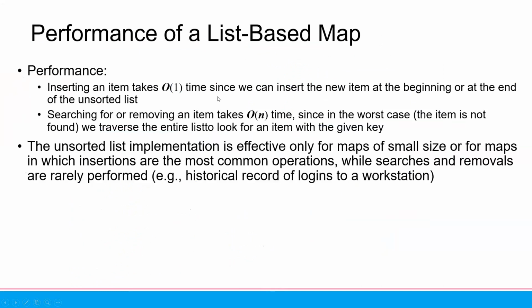With the list-based map, when we make the map with the list, the performance when we insert any item will take O(1), since we can insert a new item at the beginning or at the end of the unsorted list.